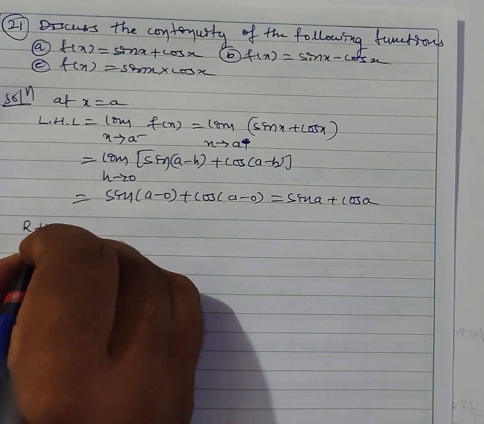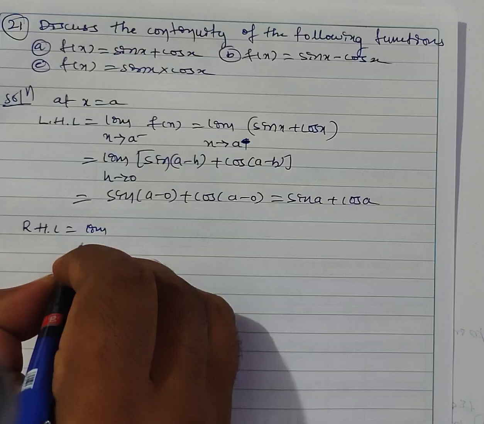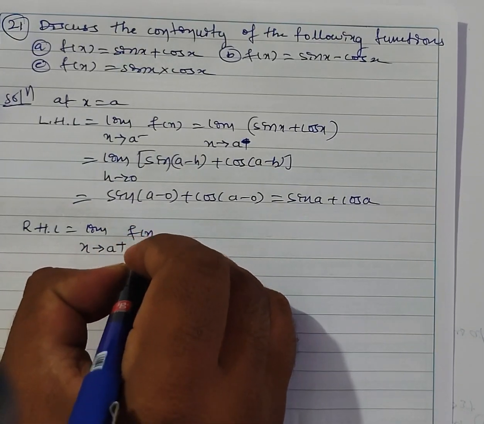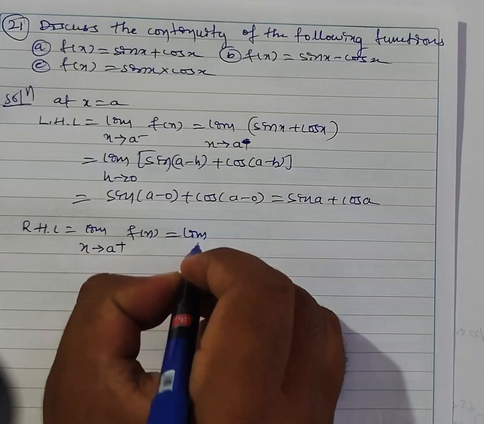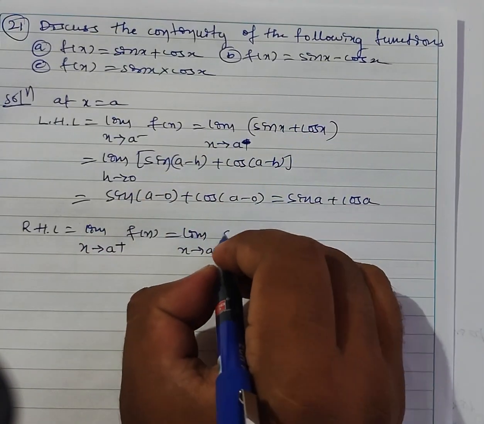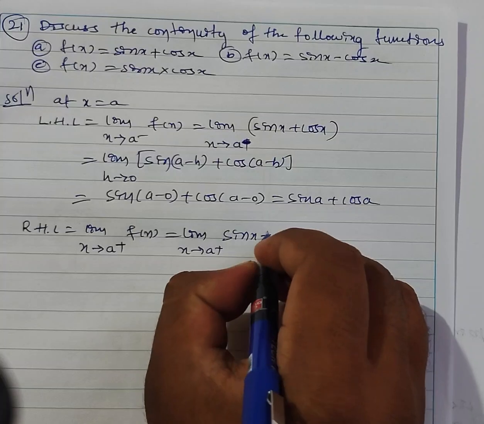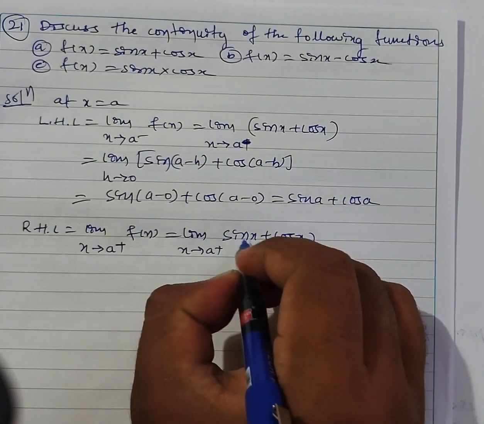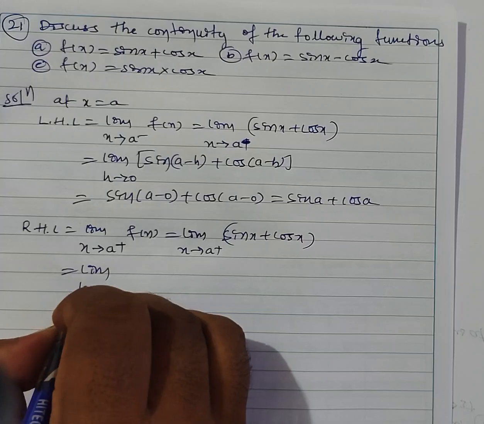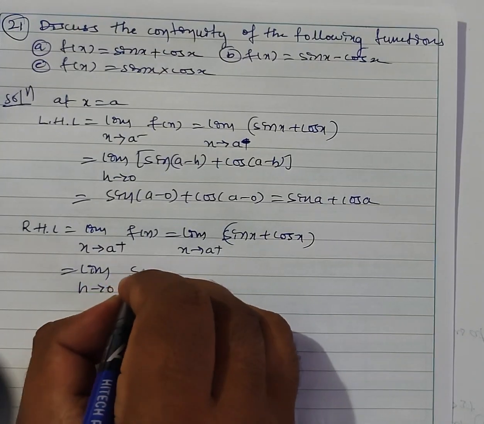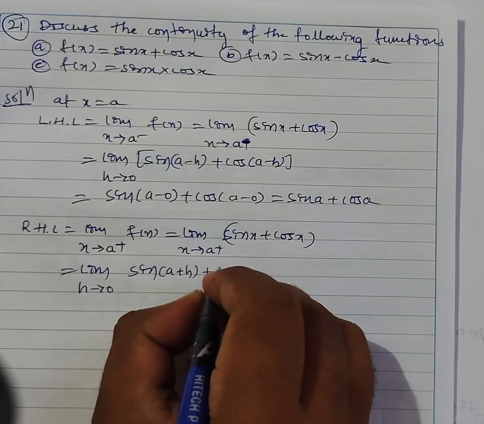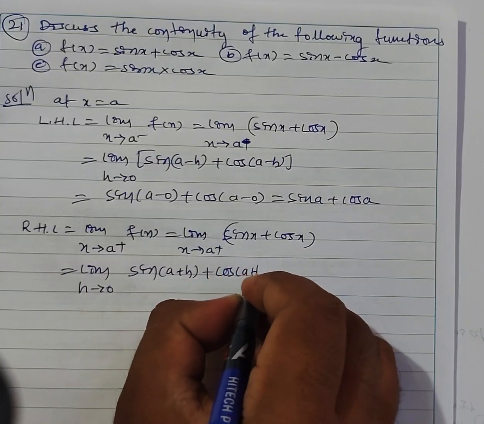Okay. Next, what about the right hand limit? Right hand limit equal to limit x tends to a plus f of x. So that is equal to limit x tends to a plus, what is the f of x function? sin x plus cos x. Now change the limit value. Limit h tends to 0, sin (a plus h) plus cos (a plus h).